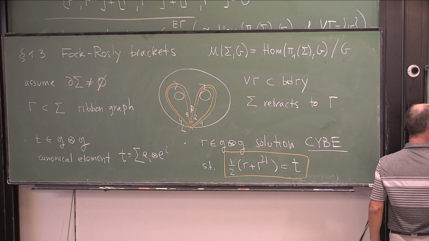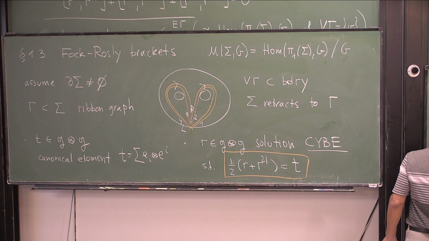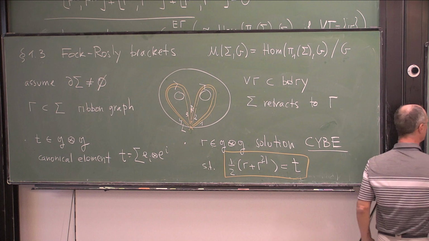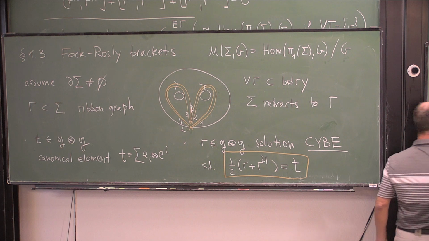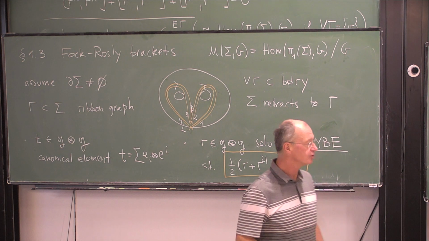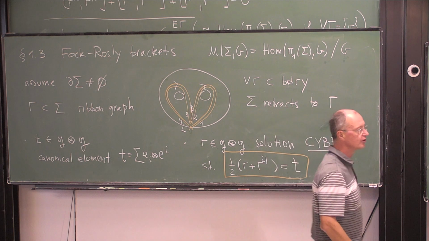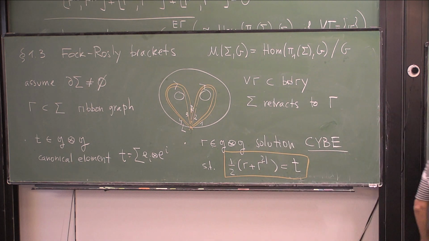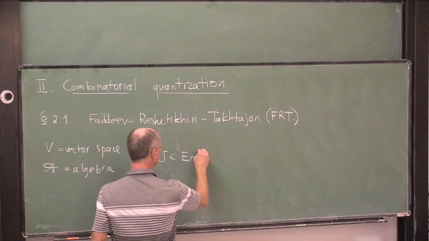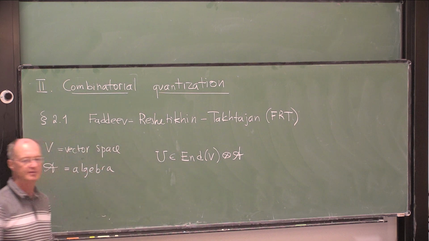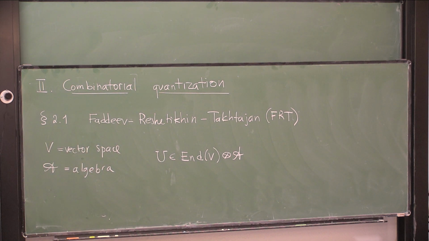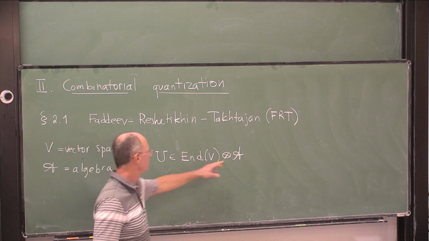Suppose that V is a vector space and curly A is an algebra. So we're going to be using objects of the type elements of the tensor product of endomorphisms of V times an algebra.